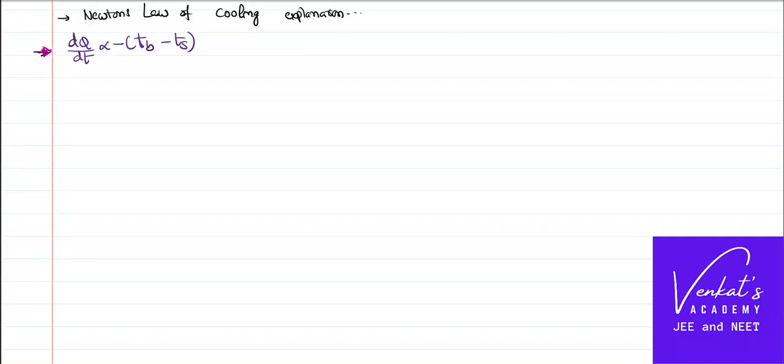We put a minus here because the rate of loss of heat energy to the surroundings, when the temperature of the body is more than that of the surroundings, is a decrease. Just to indicate it's a decrease, we put a minus.